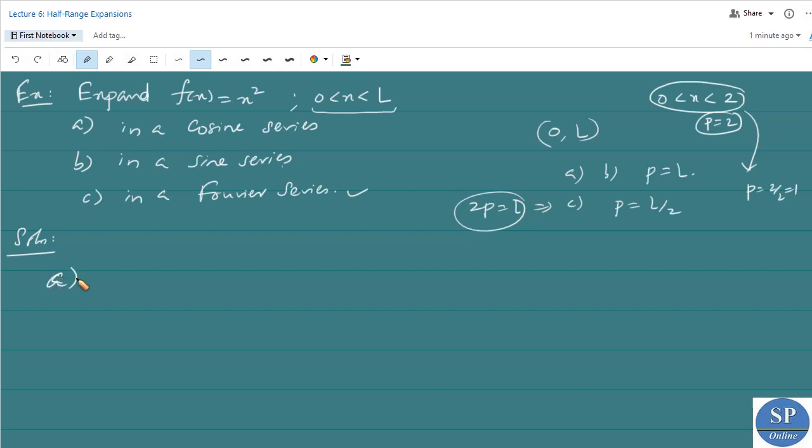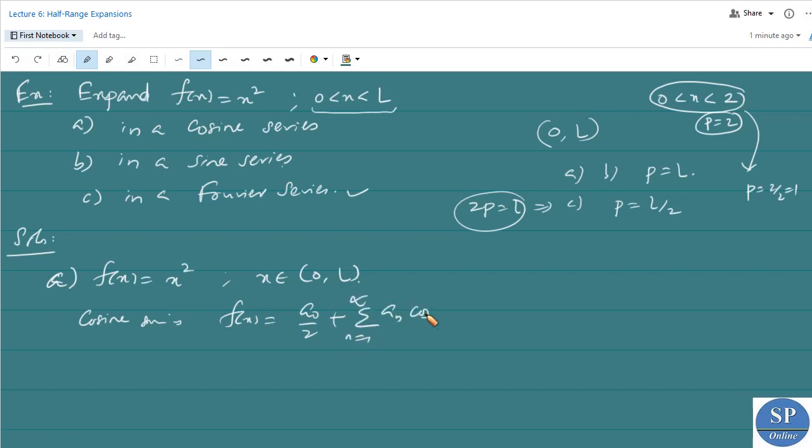Here we have f of x equal to x square in the interval 0 to L. The cosine series is nothing but f of x equal to a naught by 2 plus summation n from 1 to infinity an cos n pi x by p.